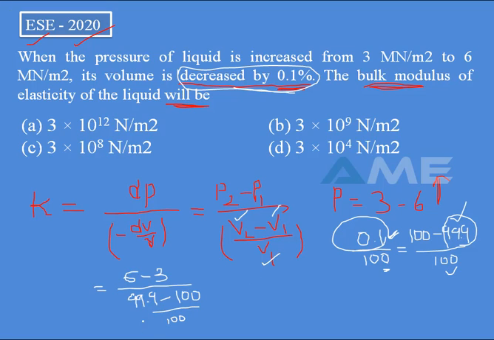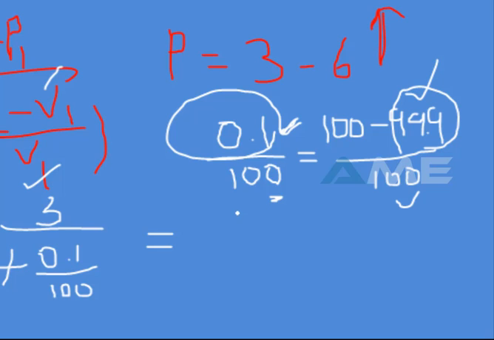And now what happens if you subtract 99.9 minus 100? You will get a negative value, minus 0.1 divided by 100, and here what you're going to get is 3, and this negative value and this negative value will cancel. So finally what you're going to get is 3.